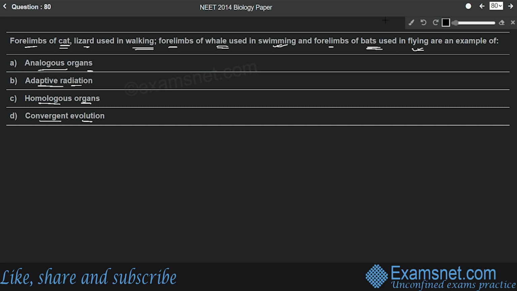So as mentioned in the question, all the organs are the modification of four limbs only. These are the modified four limbs. That means they have the same structure, but they are adapted to perform different functions.